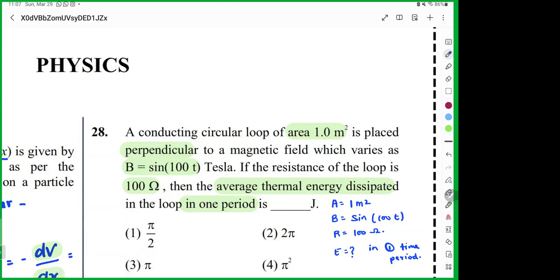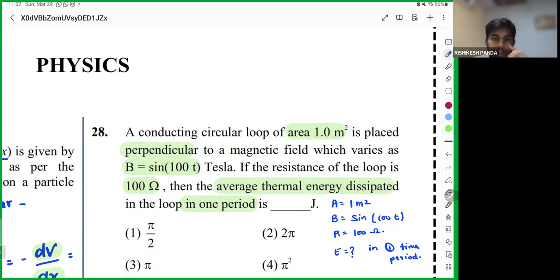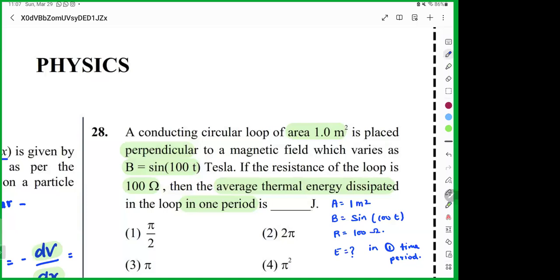Anybody got the answer? Is it pi joule, sir? The right answer, pi joule. Yes sir, option 3. Very good.